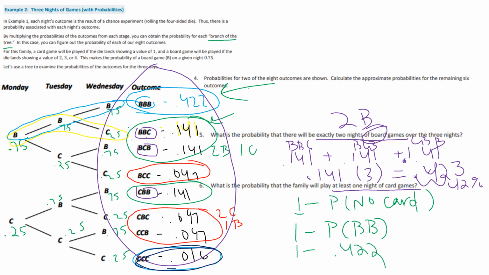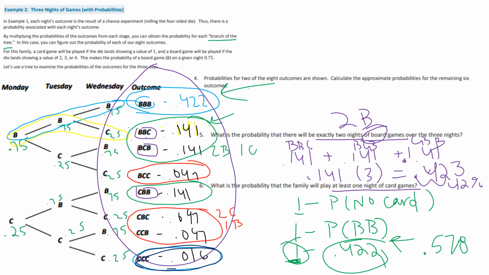The reason that we're choosing this one is because there are no card games here. So if we're going to play a card game 100% of the time, this is that 100% of the time, except in this one time, you can do 100% minus this one time. So when you do 1 minus 0.422, you're going to get 0.578.